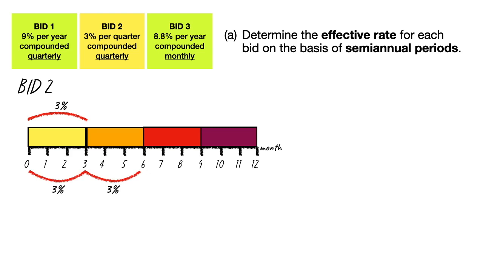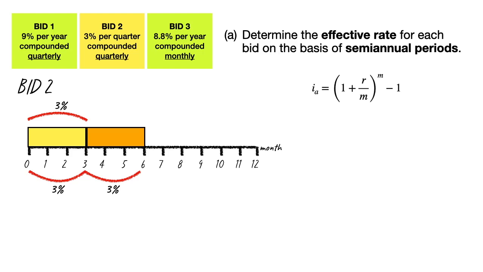If we want to measure the semi-annual period, we need to measure the effective interest rate up to month 6. So we are going to use the same effective interest formula as shown. Our R would be the total interest for those 2 blocks, which is 6% or 0.06.